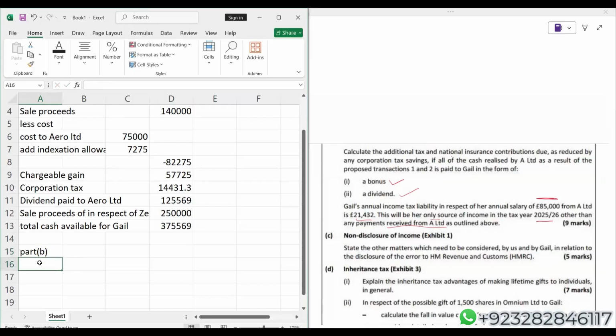Part B. Payment to Gail, let's say in the form of bonus, and the amount is 3,75,569 as bonus.